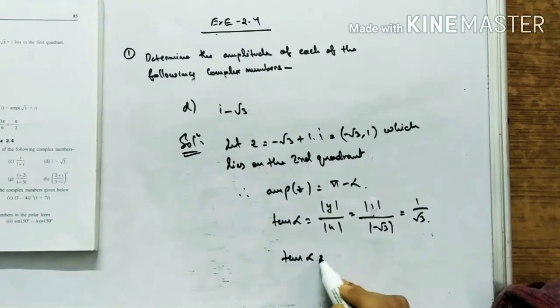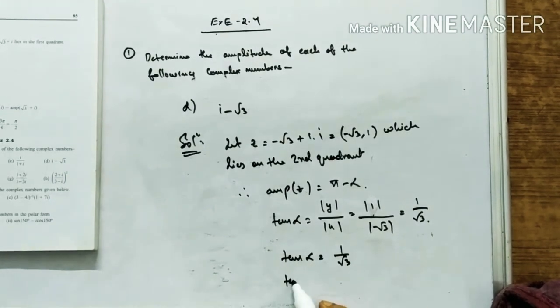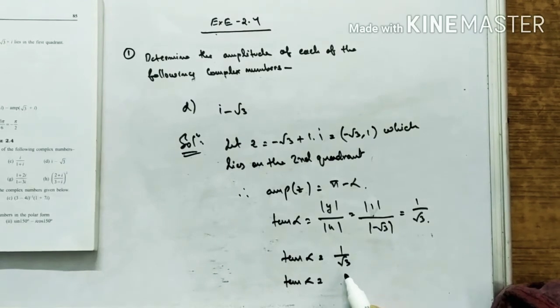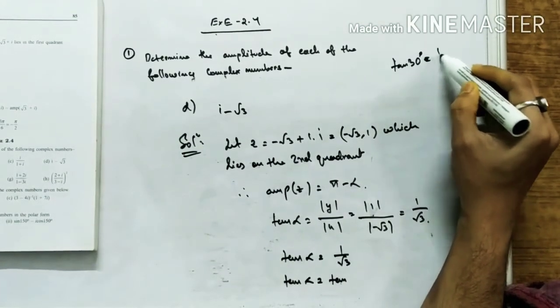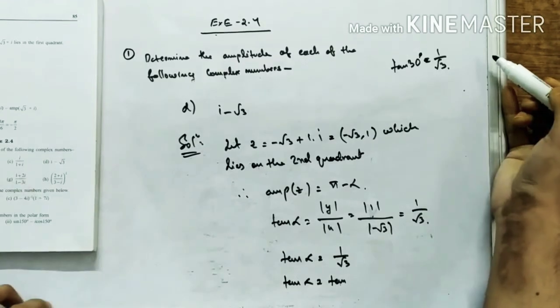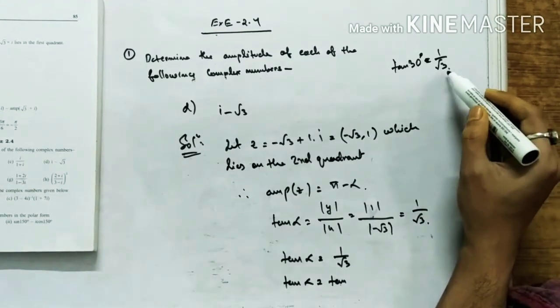Now tan alpha is equal to 1 by root 3, it becomes tan 30 degree. Understand? Tan 30 degree is 1 by root 3.